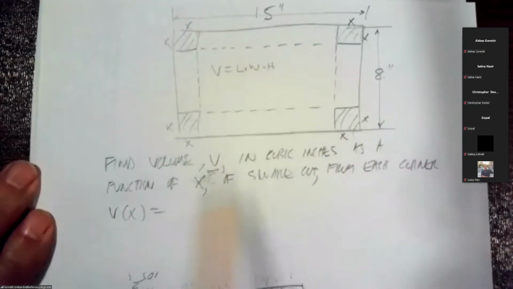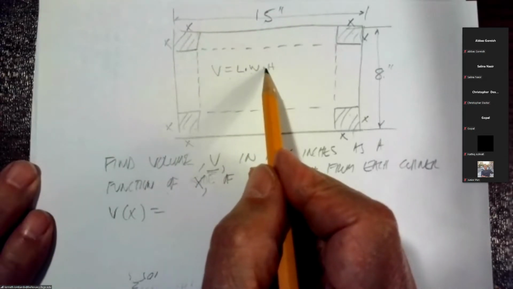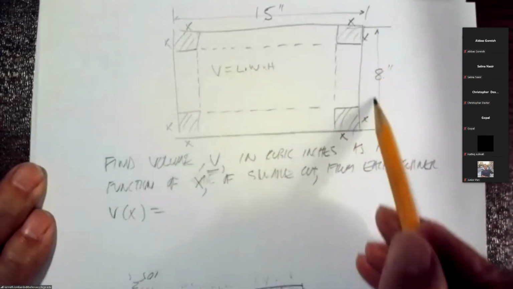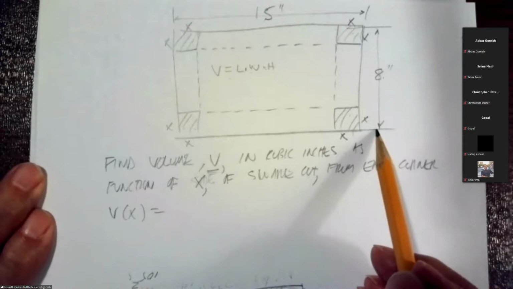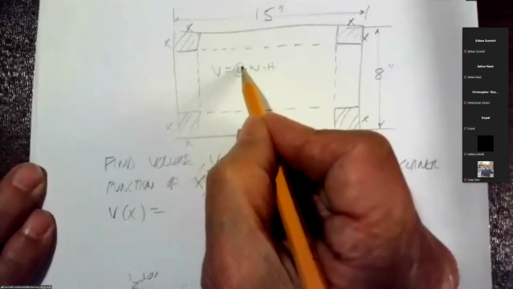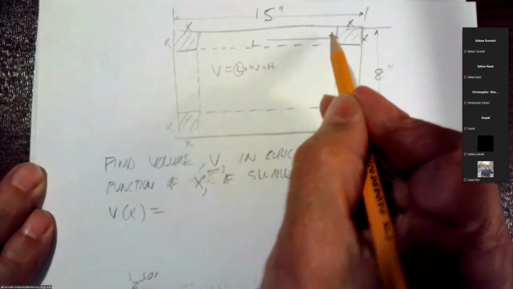Now we know the volume is this times this. And we know that the length here is 15 and the length here is 8. So this length here is this length here, isn't it? That goes from there to there.